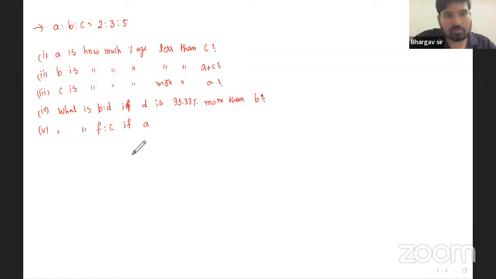What is F is to C? If A is 20% more than C.